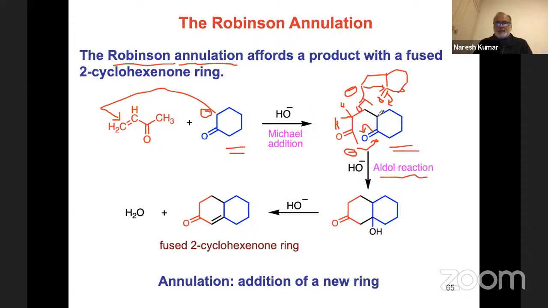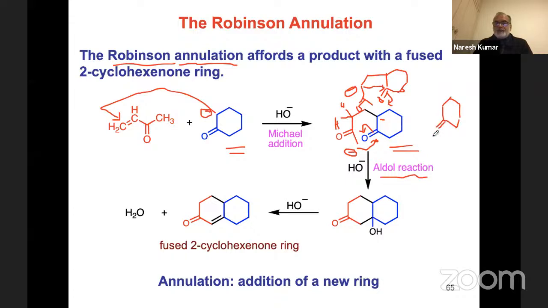But there is another possibility as well. You could say, why don't we remove this proton over here, because there's a proton here as well, and then that can attack the carbonyl group on the other side. So if I just draw that down, there are a few possibilities in this molecule where the proton can be removed.